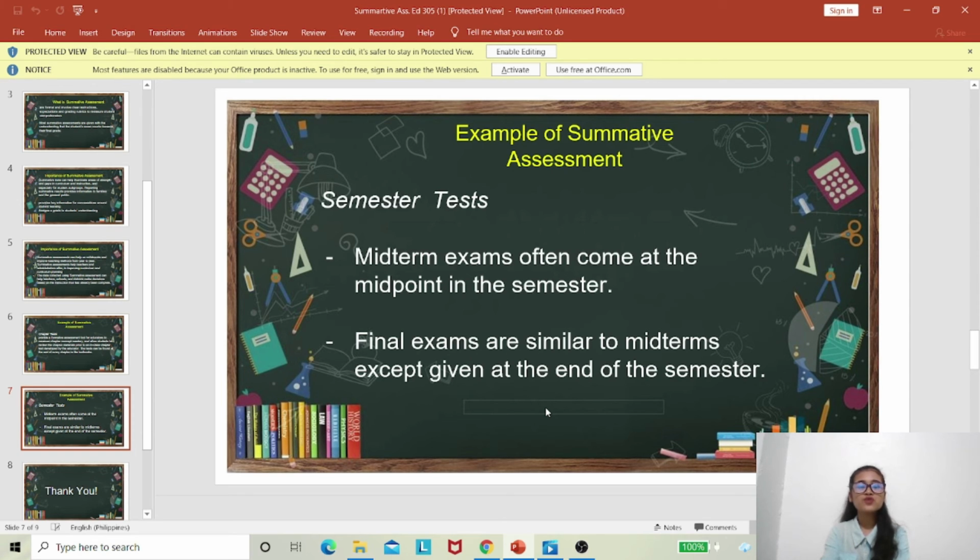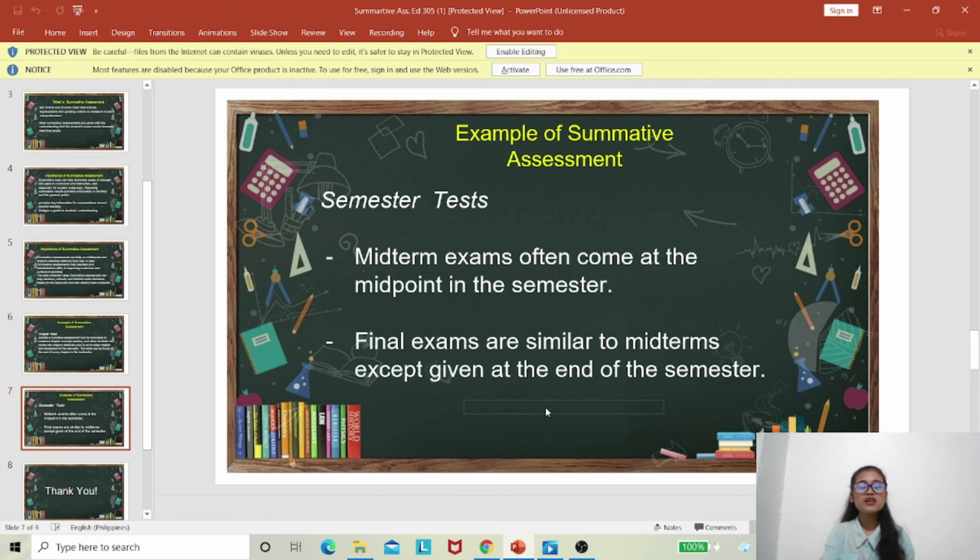We have two kinds of semester tests, which are the midterm exams and the final exam. These tests are obviously given at the end of the semester, almost at the end of the semester. It is very important for the grades of the students.